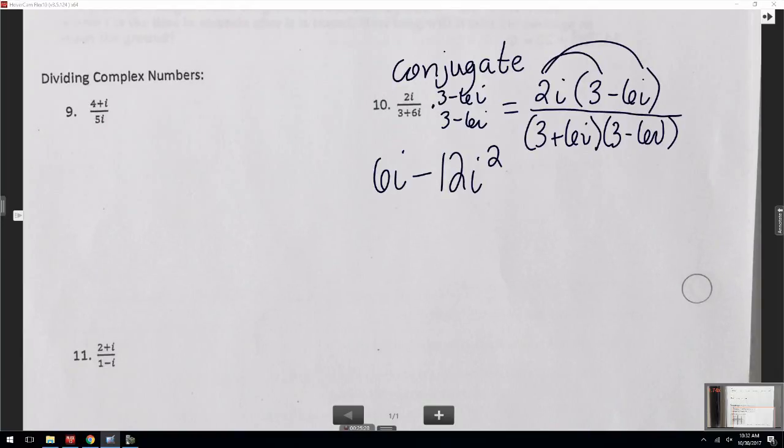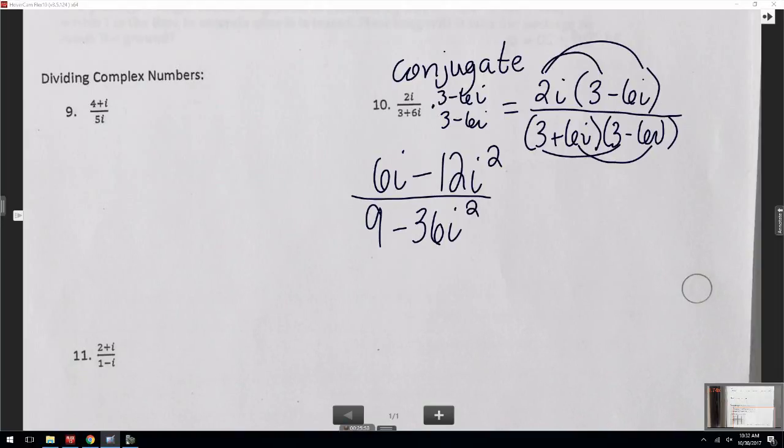So what's the only two things left? Because they're conjugates, the exact same numbers but different signs, I only have to multiply the first, which would give me 9, and the last, negative 36i squared, which is just positive 36.